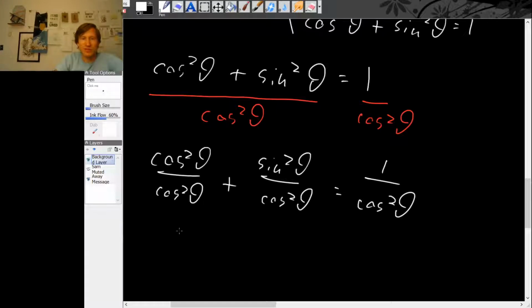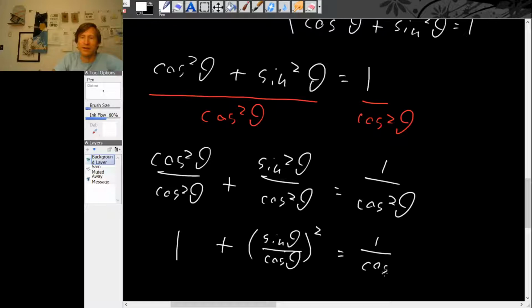Well, this first piece is really just 1 plus the second piece, since the numerator and denominator are both squared, you can take that squaring outside. So this is sine theta over cosine theta, all squared. And you can do the same thing on the right-hand side. It's 1 over cosine theta, all squared.